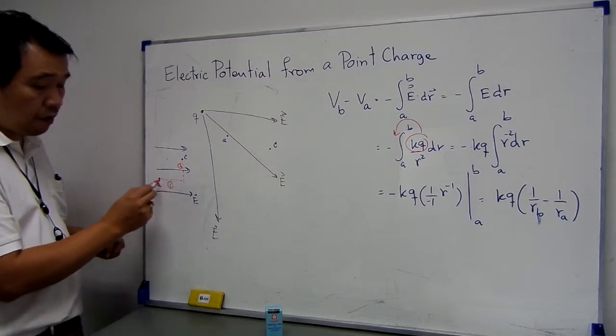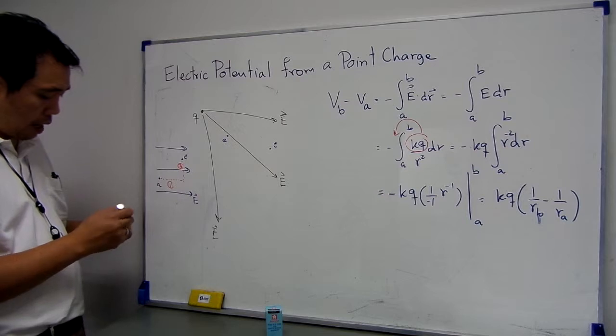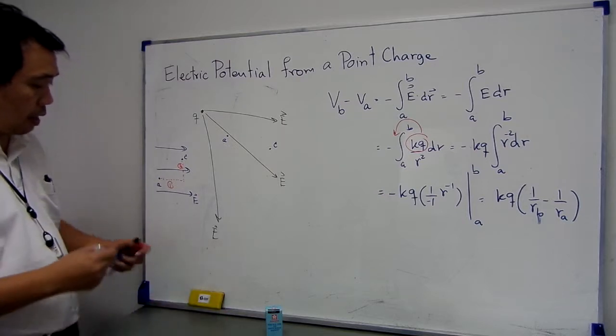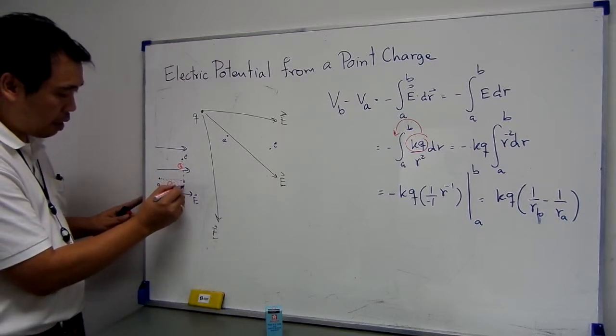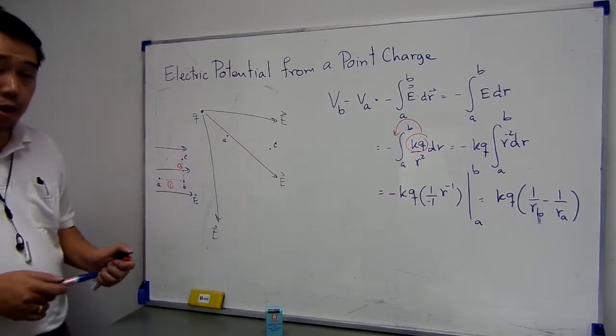So we have the same result when we calculate the electric potential between A and B. We can use the same concept here.